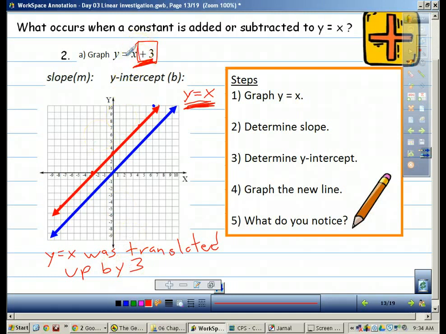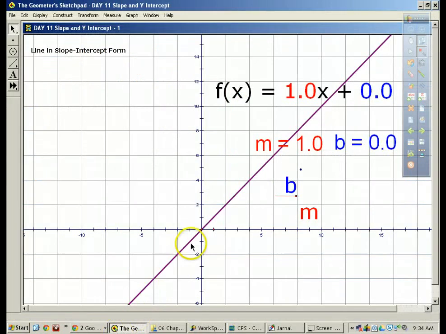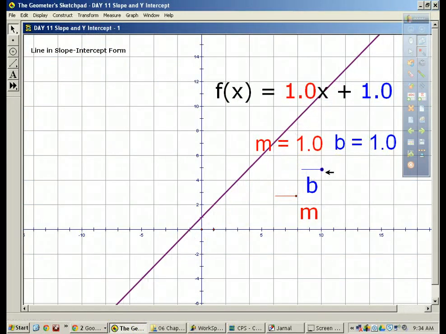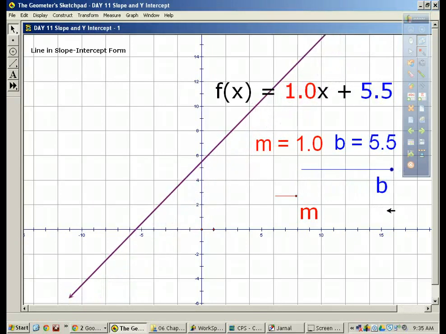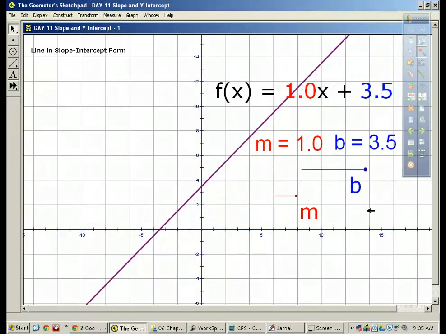So having this y-intercept, you want to think of it as a translation. It moves it up and down the axis. You guys have seen this before, that when I move just the y-intercept, it's the same line. It's just the line being moved up and down.